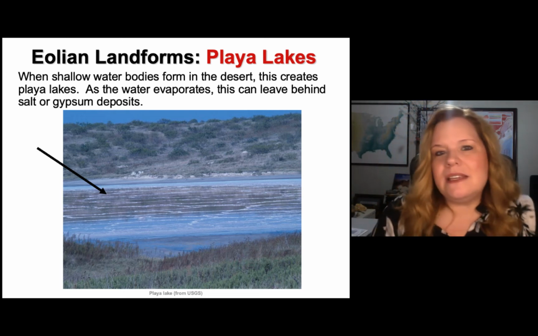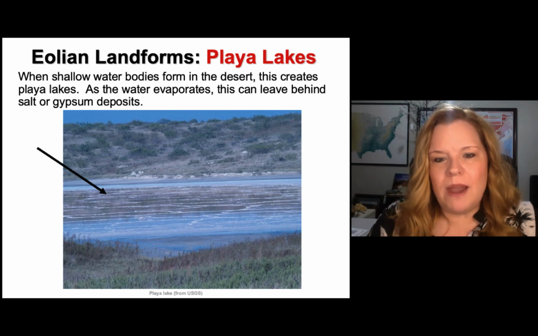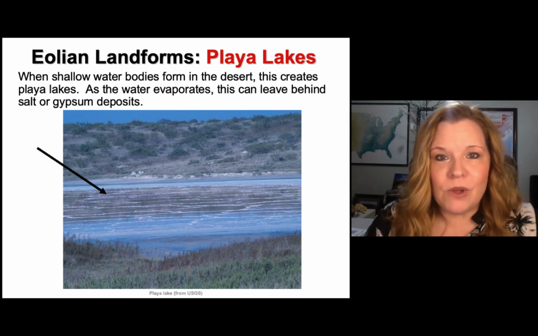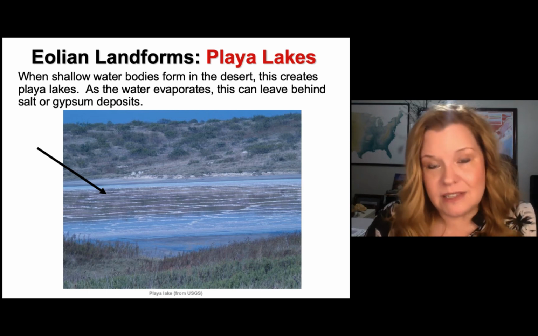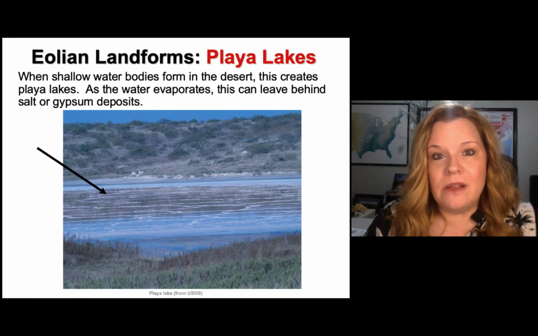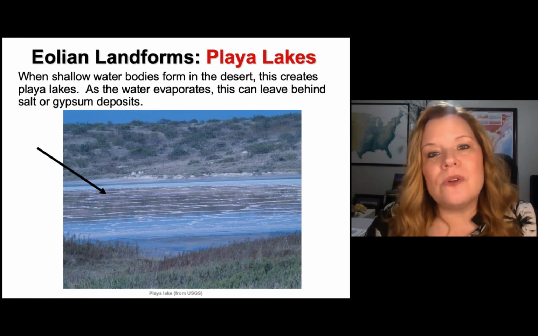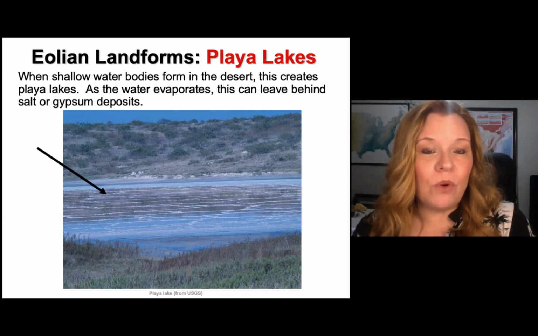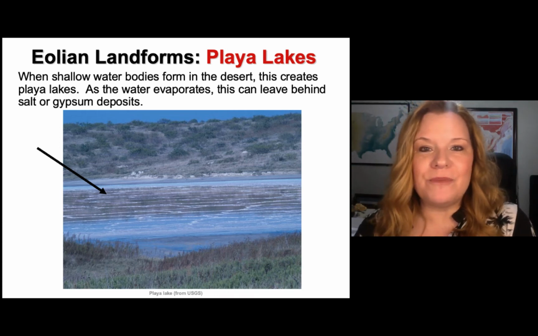And that is useful. Playa lakes are usually dry, and then let's say you get a heavy rain out by Amarillo, there'll be lots of these that pop up, and then maybe a week or two later, they'll be gone. Playa lakes are, again, important water resources out in the desert.